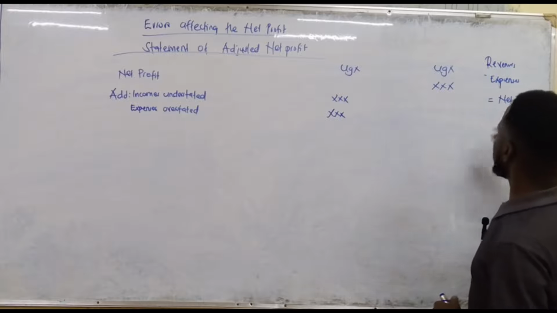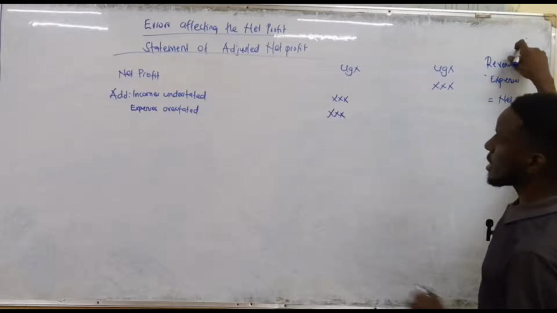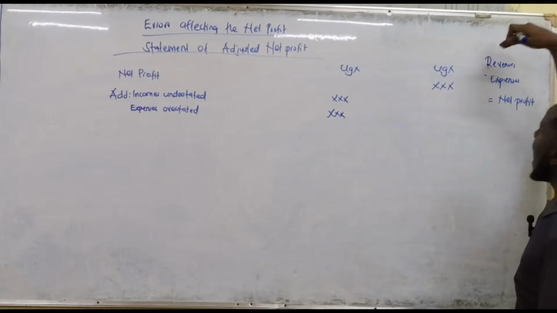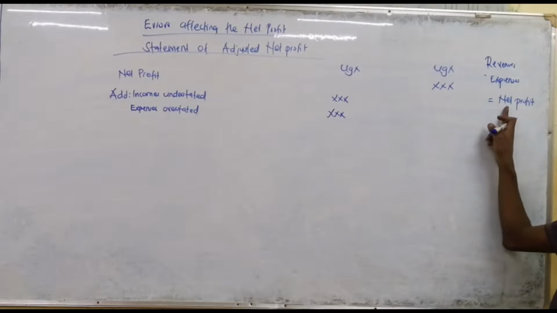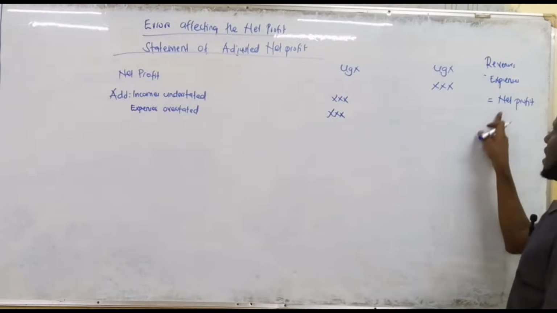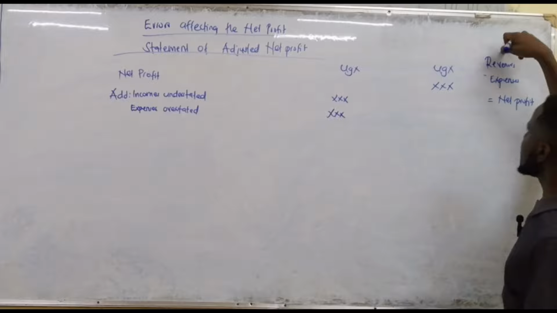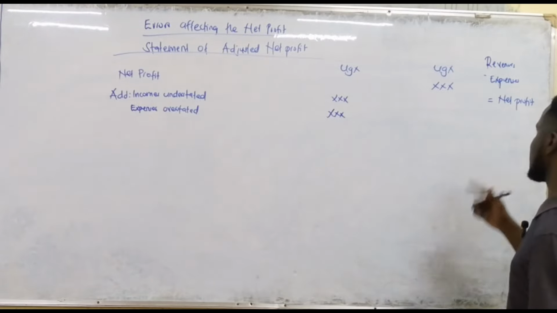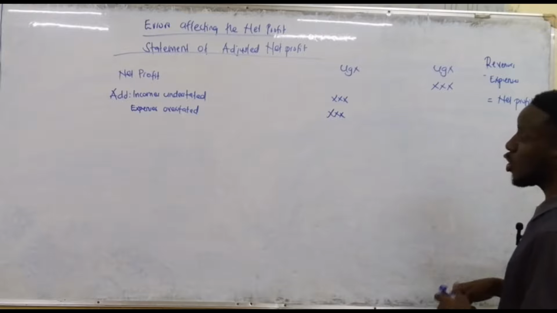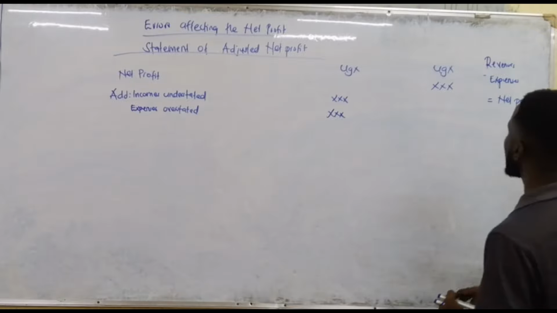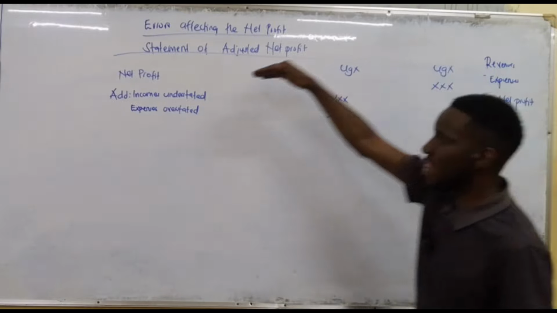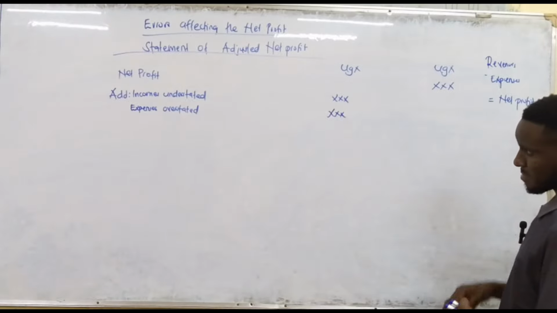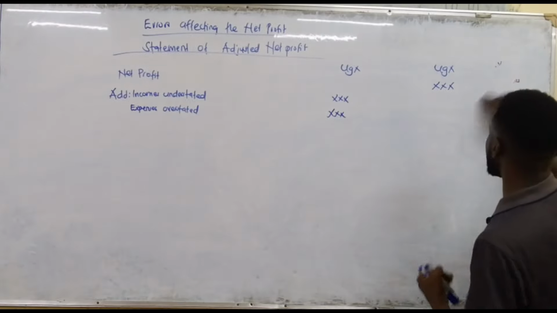So if this is true, remember what I've just said, that if incomes, which are revenues, are understated, they are going to give a lower net profit. But still the opposite of this is expenses which are overstated. That means still our net profit will go down. So when you have revenues that are understated, you add them back. Now if you have expenses that are overstated, you bring them back as well.